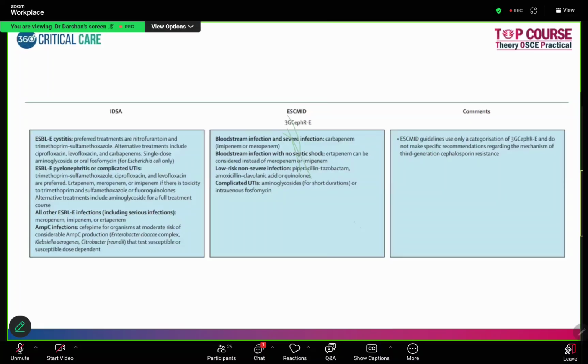If it is cystitis, you can choose your trimethoprim-sulfamethoxazole or your fluoroquinolones like Ciplox or Levoflox. Obviously carbapenem is going to be susceptible and you can go ahead and use it, but you can keep this as a reserve drug. Sometimes if it is just a cystitis, you can still use a single dose of aminoglycoside or oral fosfomycin.